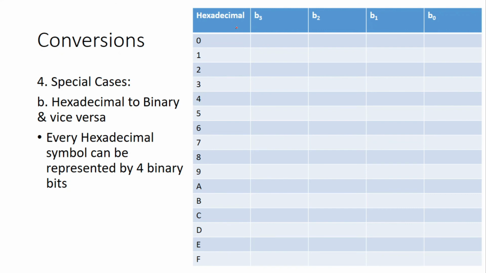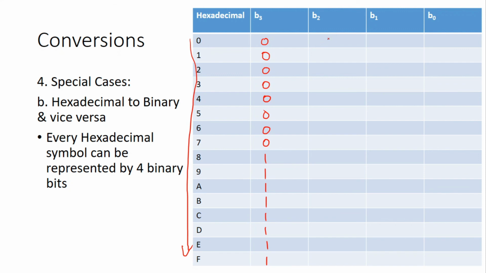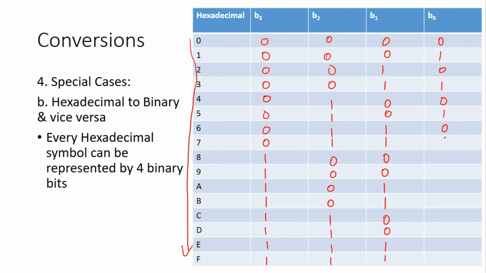Because there are 16 digits, we know that half of them will start with 0, so 8 of them, and half of them will start with 1, so another 8 will start with 1. Then we write four 0s, four 1s, four 0s, four 1s, then two 0s, two 1s, two 0s, two 1s, then 0 1, 0 1, 0 1, 0 1.